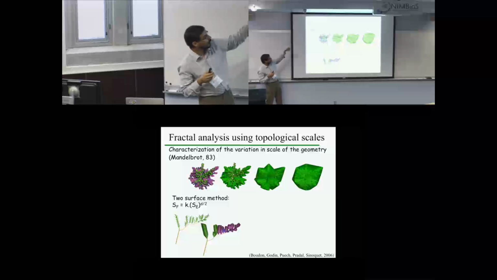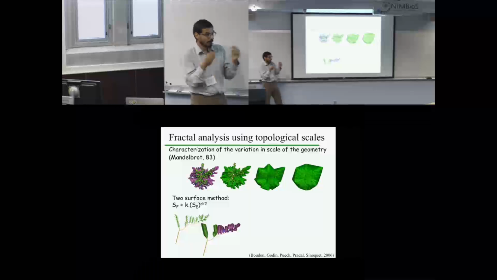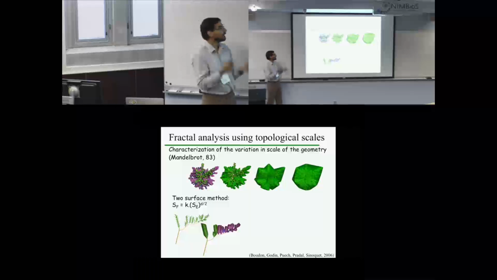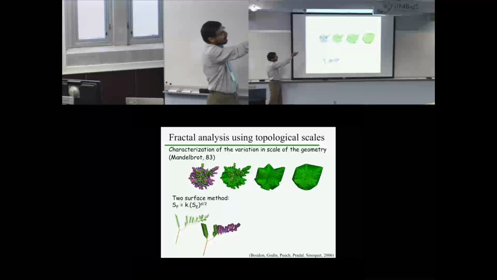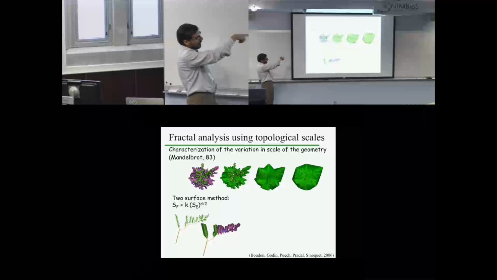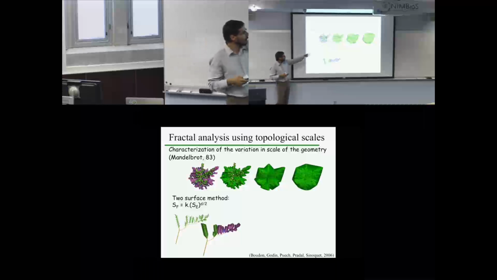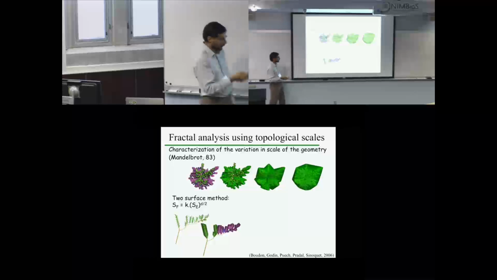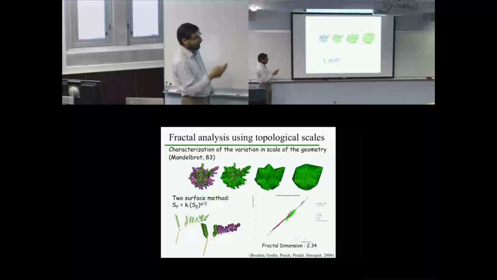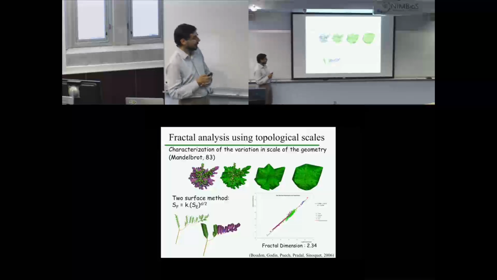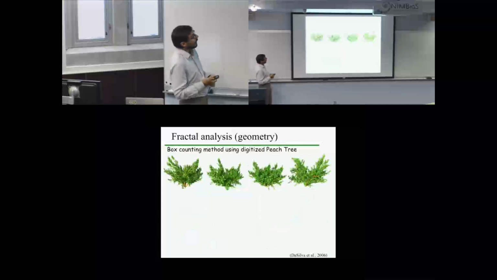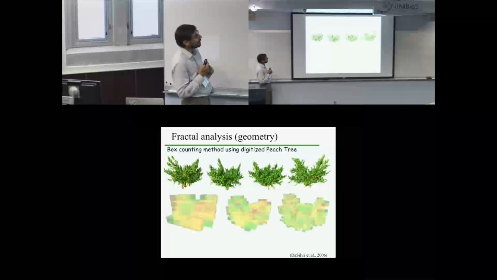And we relate the surface of the envelopes with the surface of all the leaves contained in these envelopes at the twig scale and at the crown scale. And then, based on this, we infer the fractal dimensions of digitized pitch trees. Another approach is using more classical box counting methods to define the fractal dimensions.